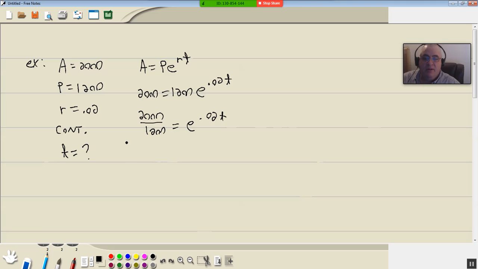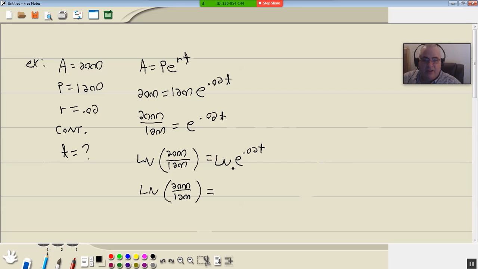So step 2, take natural log of both sides. So we've got natural log of 2,000 over 1,200 equals natural log of e to the 0.02 t. Now remember, natural log and e are going to cancel each other, so that gives you 0.02 t.